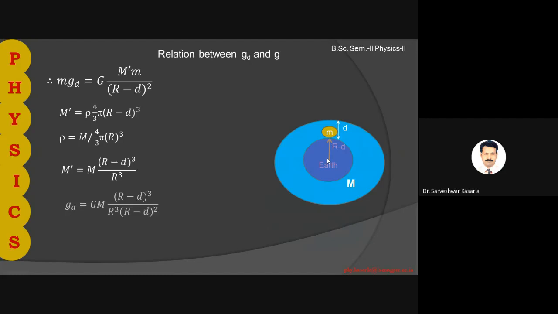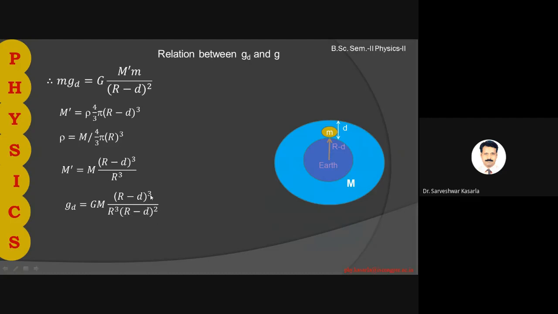So here g_d will be equal to, if you put this value here, then after cancelling this small m on both sides, g_d will be equal to GM into (R minus d) whole cube upon R cube into (R minus d) whole square.